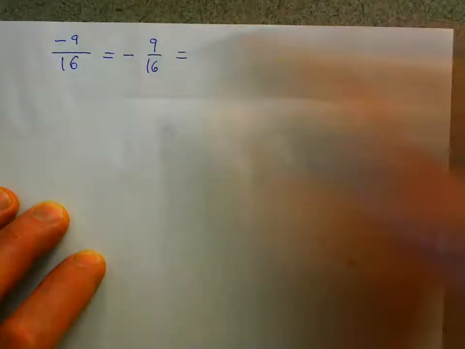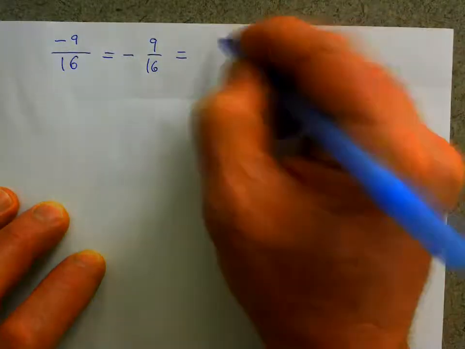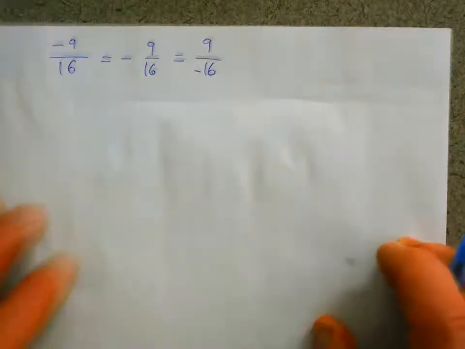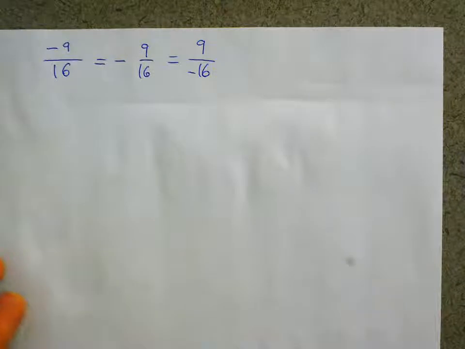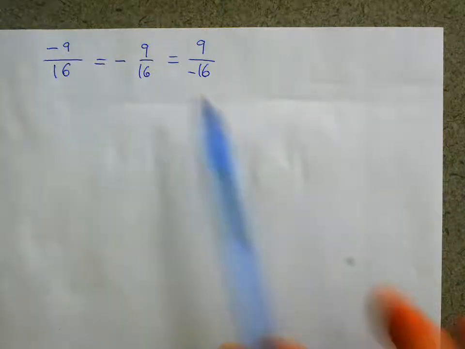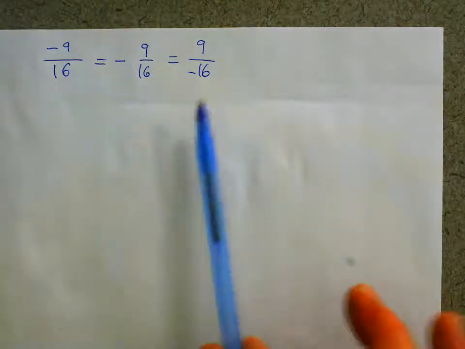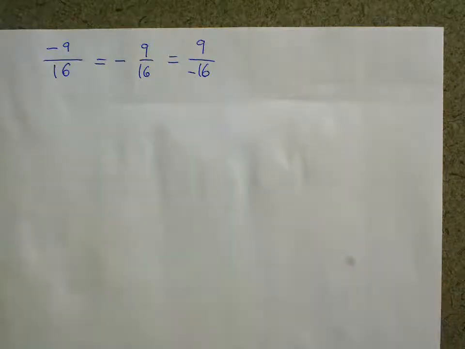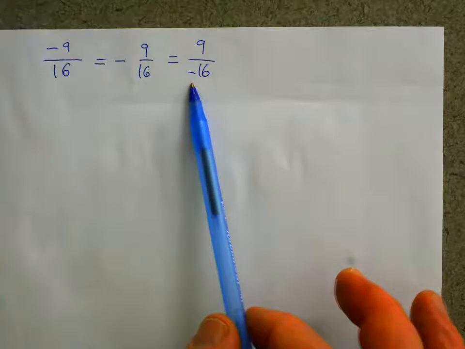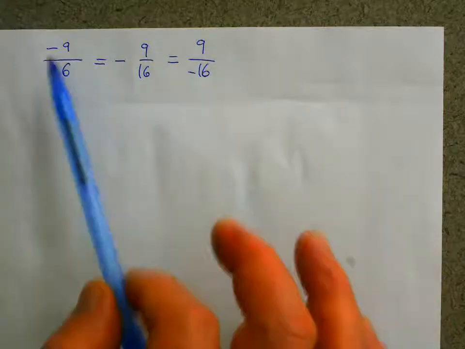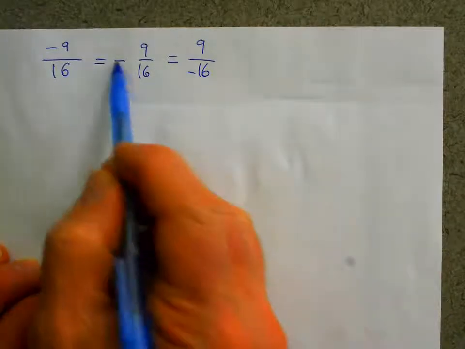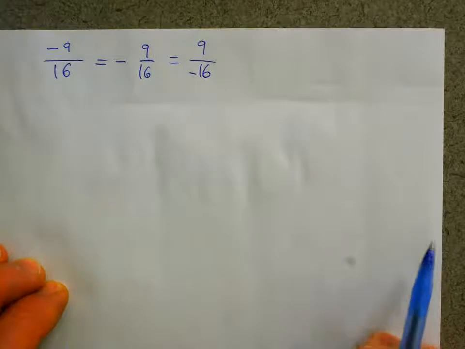A less conventional way is to write it as positive 9 over negative 16. And especially when you're working in software like Newton, I'm pretty sure the computer doesn't like negative numbers in the denominator. So put the negative number in the numerator, or just make the negative sign even with the fraction bar.